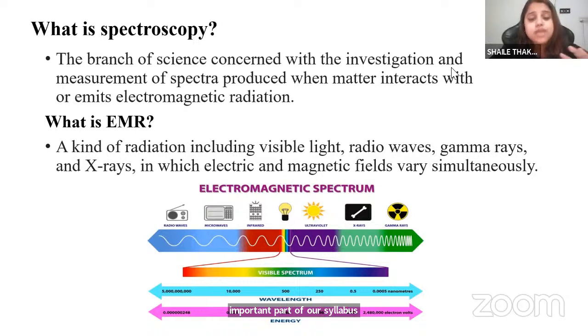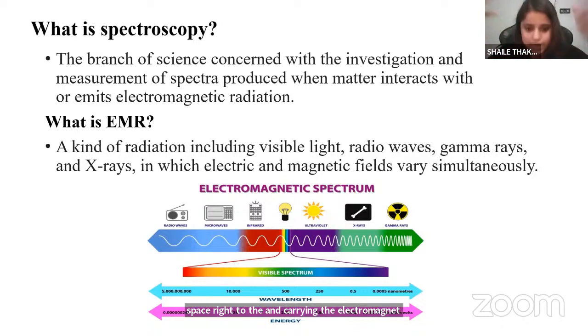Okay, now what do you mean by EMR, that is electromagnetic radiation? Okay, so you all have heard in class 12, right? Your physics teacher must have taught you about EMR. What is EMR? Basically, EMR is your electromagnetic radiation, which consists of different electromagnetic fields, right, which are propagating through space and carrying radiant energy, right?